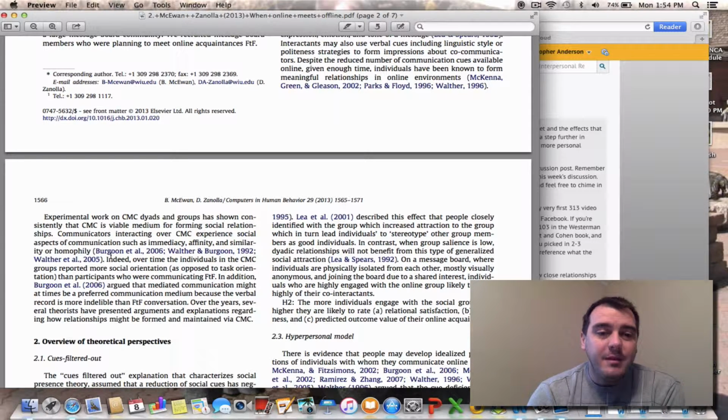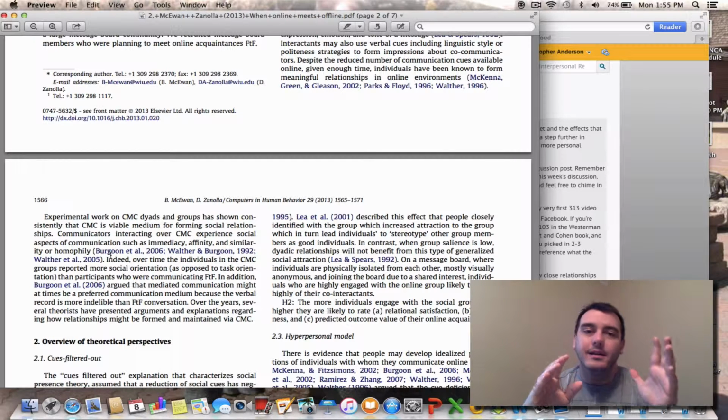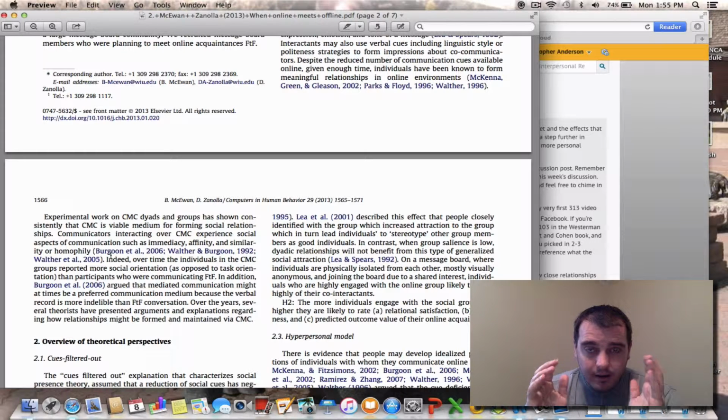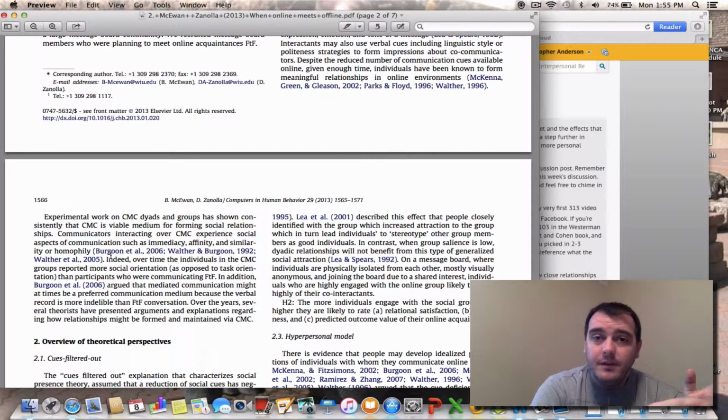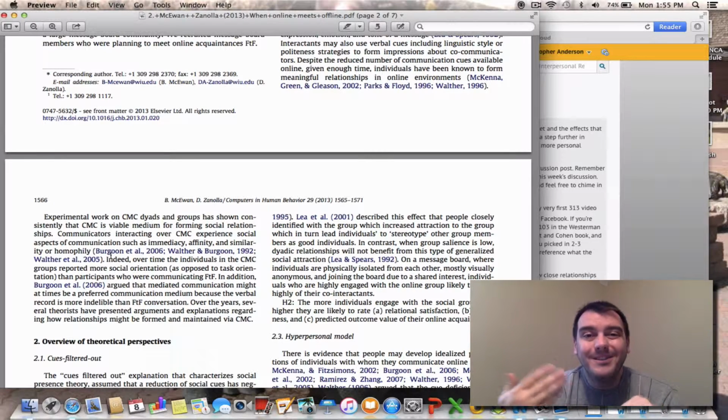Indeed, over time, the individuals in the CMC groups reported more social orientation as opposed to task orientation than participants who were communicating in face-to-face situations. So what they found in a longitudinal study, which means over time, is that people doing the same tasks online together, as opposed to physically in a room face-to-face together, ended up sharing more social interactions.